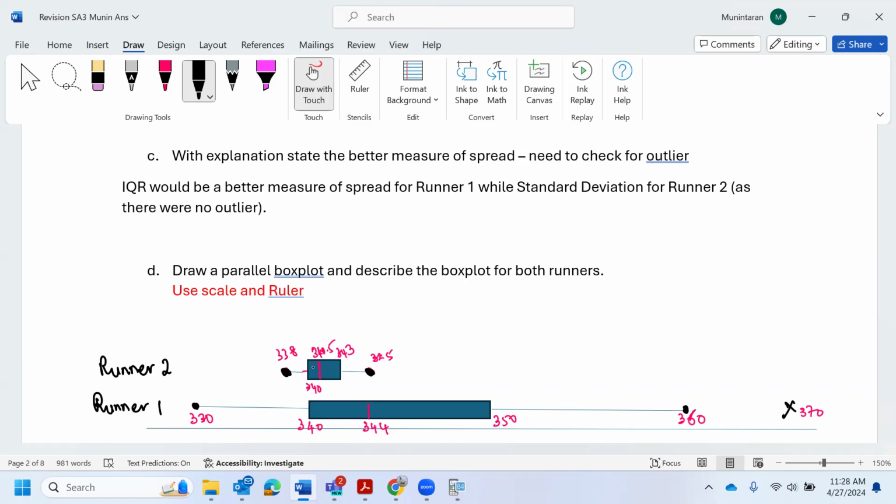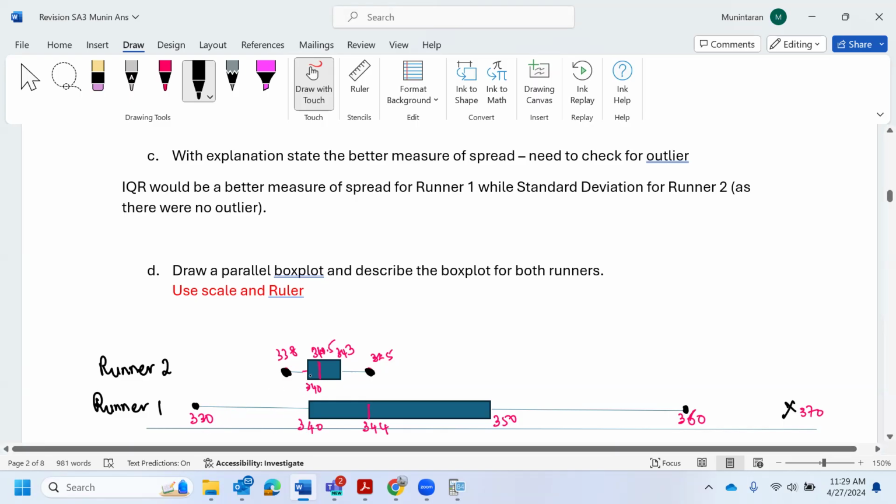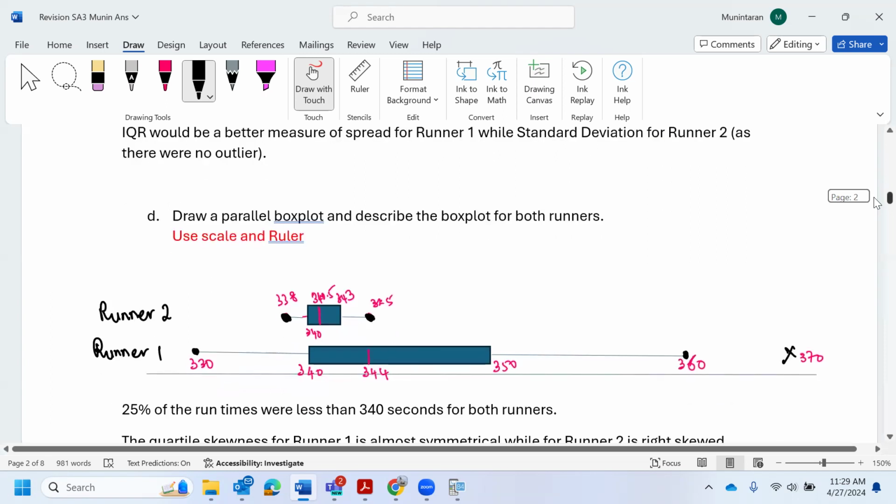And the similarity that you're looking for is only the same Q1. Okay, you don't just say that Q1 is 340. What does it mean? 25% of the running time or the laps, all right, 25% of the rounds for runner 2 and 25% for runner 1, they both have run below 340.